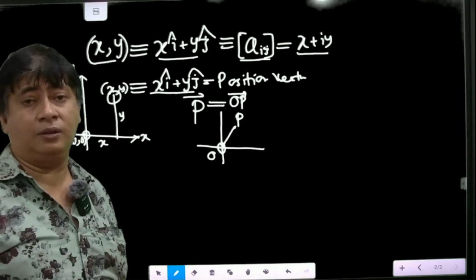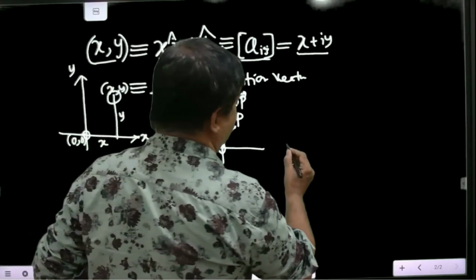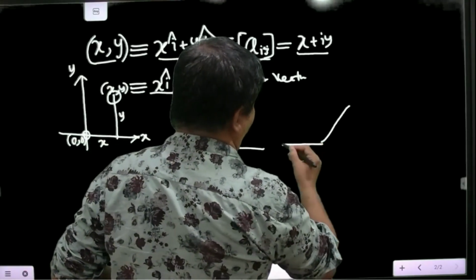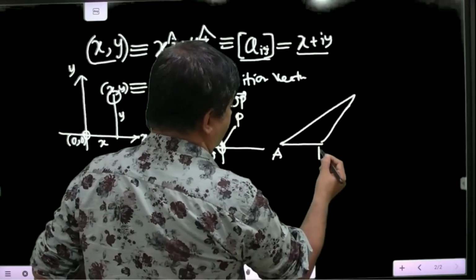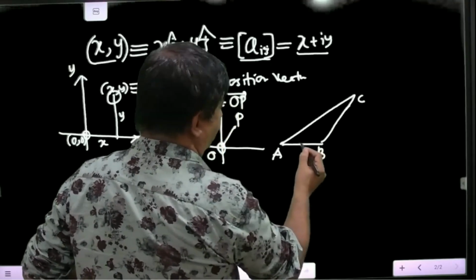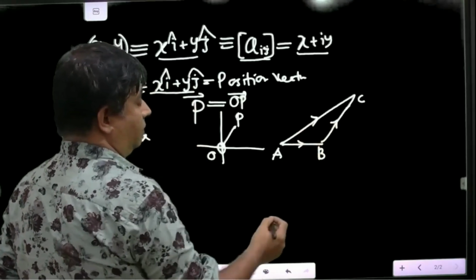Now, what about resultant vector? See, let us draw one triangle. Give the arrow sign like this. Okay.